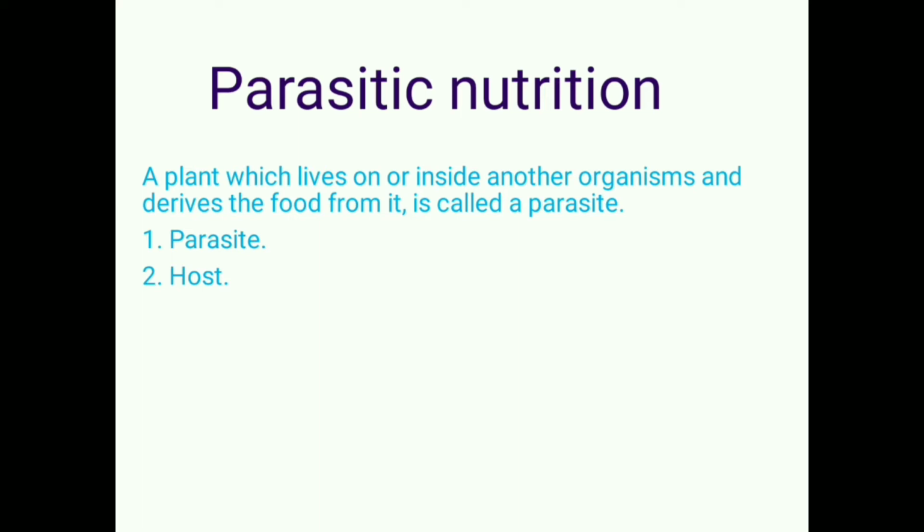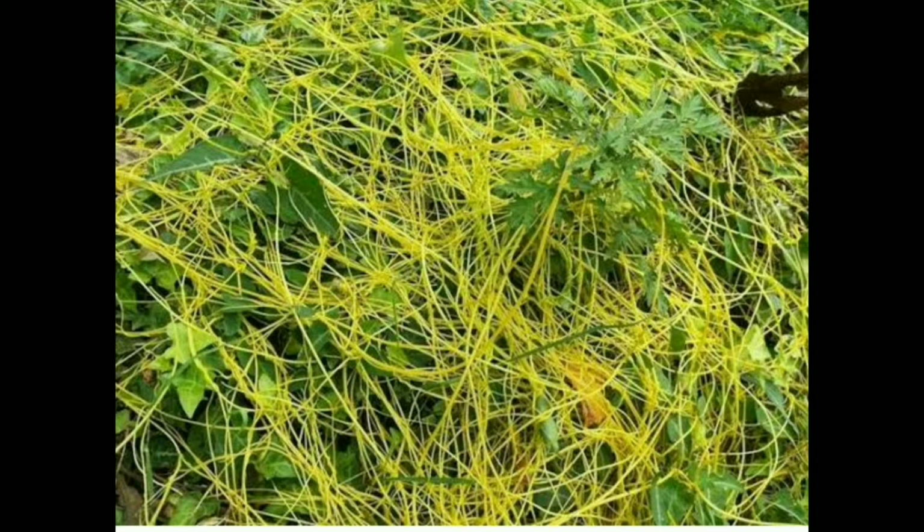Parasite plants climb on the host plants from which they get food. A parasite plant produces special roots called sucking roots, which penetrate into the host plant, and the parasite sucks the food material from the host through these sucking roots.